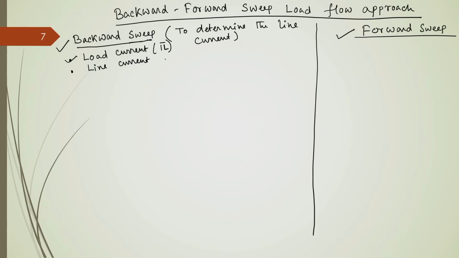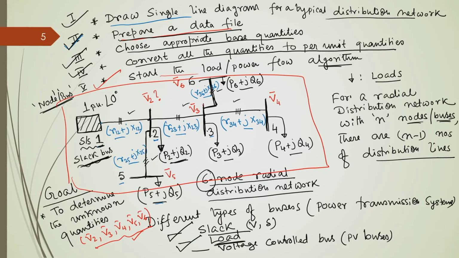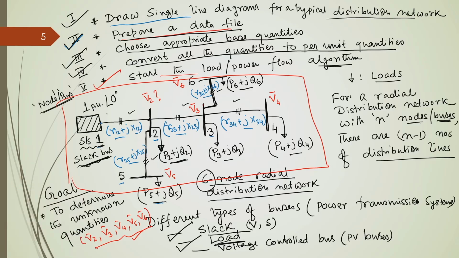Similarly, this line current is represented by only I bar. Okay. So, that is not standard nomenclature, again I am using it here so that you can differentiate this load current and line current. So, basically if I go back and show you in that figure, then you can understand this difference of this load current and line current. These line currents are what current is flowing through this. So, these are the line currents.